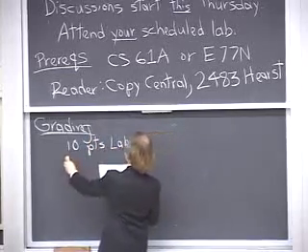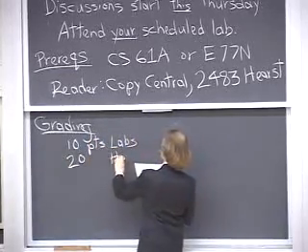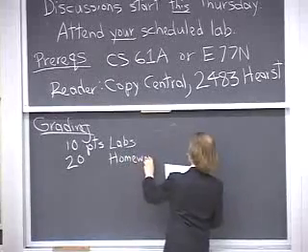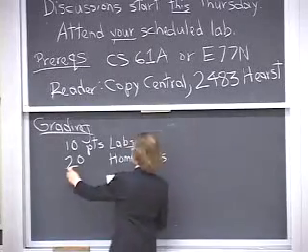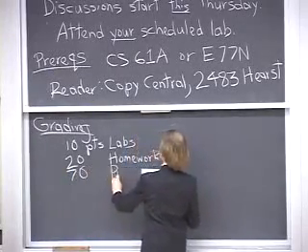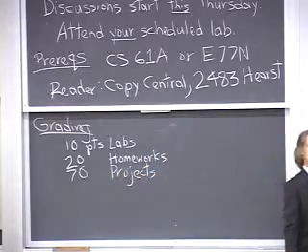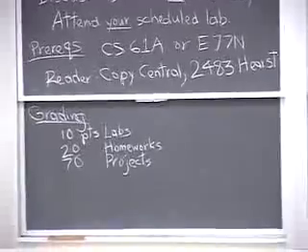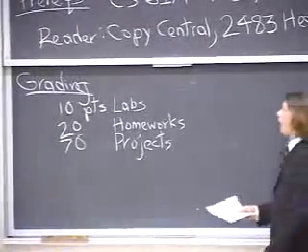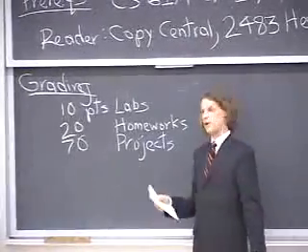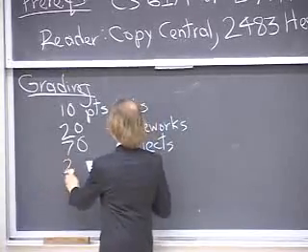There will be 20 for your homework. There will be 70 for your projects. As you can see, the projects are a very big deal in this class. There will be 3 of them. That's half the points. The other 100 points come from the exams.